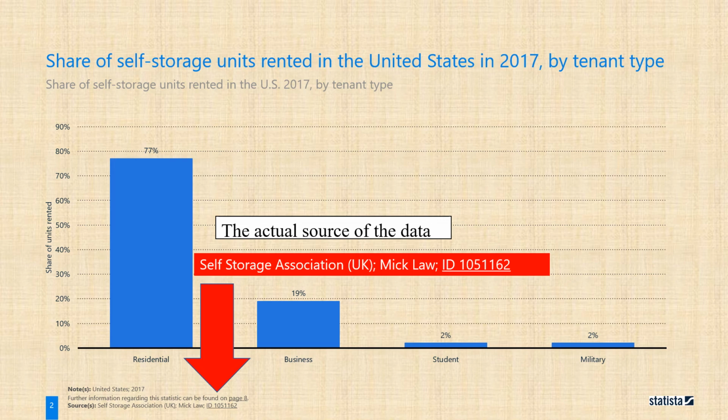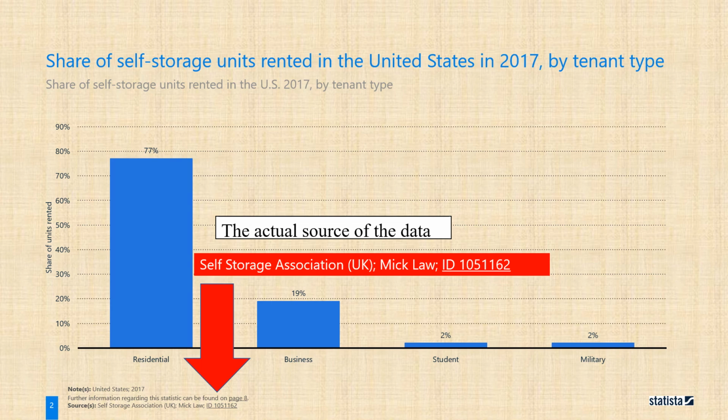And you'll notice that 77% of self-storage units are used for residential. 19% are business driven, so that's 96% of them. 2% are military and 2% are students who use the storage facilities either when they are out of school or from a military perspective, oftentimes when they are staying at different locations and they are moving or getting ready to move.